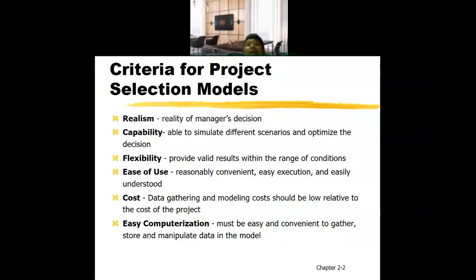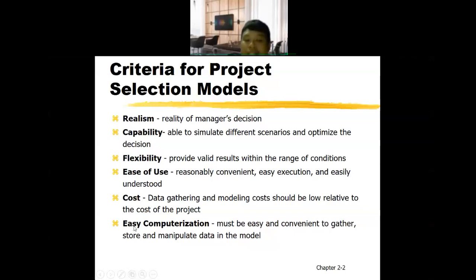So what are the criteria of a project selection model? First is realism, which is the reality of the manager's decision. Second is capability, being able to simulate different scenarios and optimize the decision. Then flexibility, providing valid results within the range of conditions; ease of use, reasonably convenient, easy execution, and easily understood; cost, data gathering and modeling cost; and last is easy computerization.